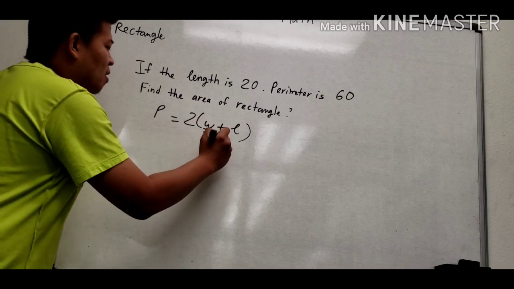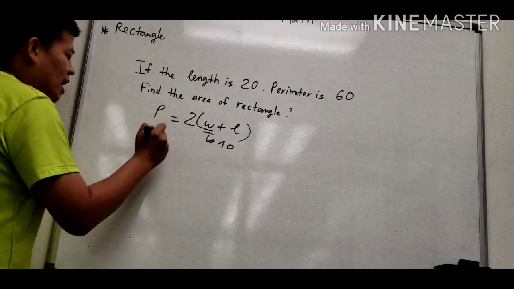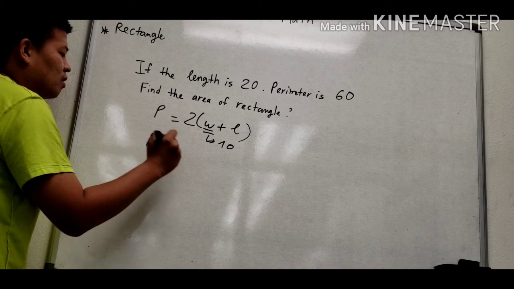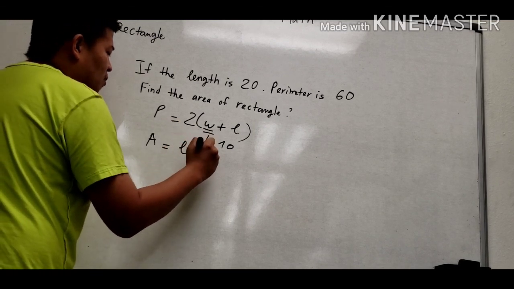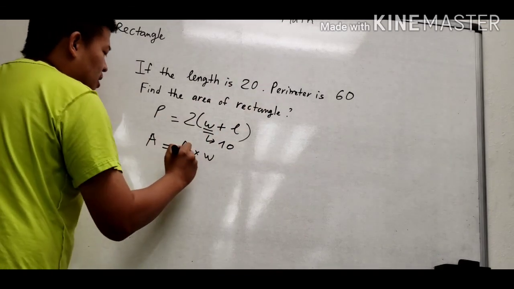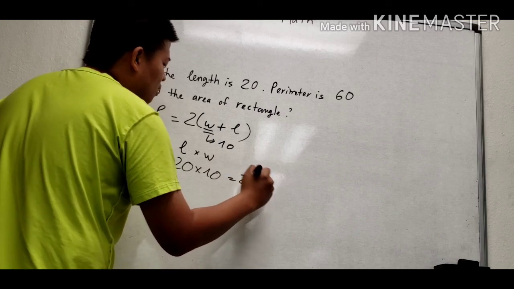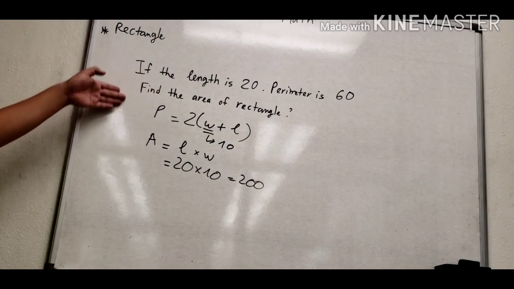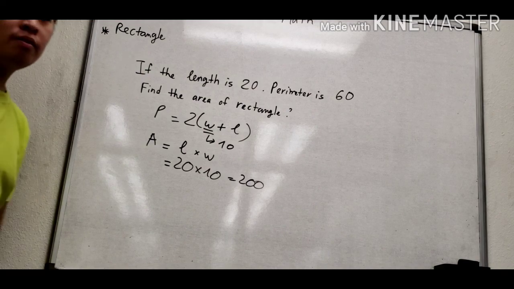So the width is 10. Now find the area of the rectangle. The area of the rectangle is the length multiplied by the width. The length is 20 and the width is 10, and you get 200. So this is the basic formula for you to find the area of the rectangle.